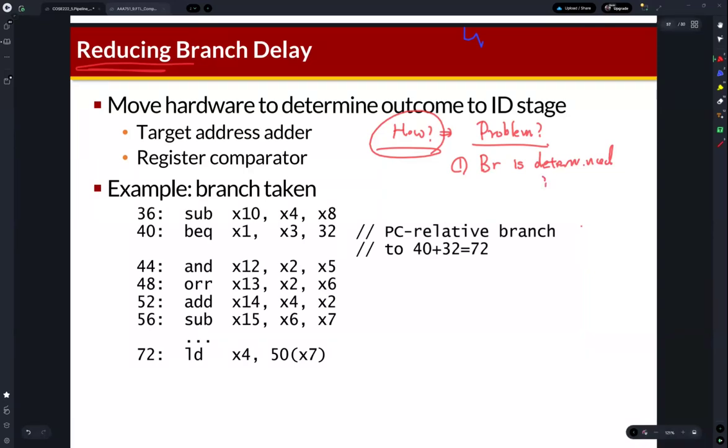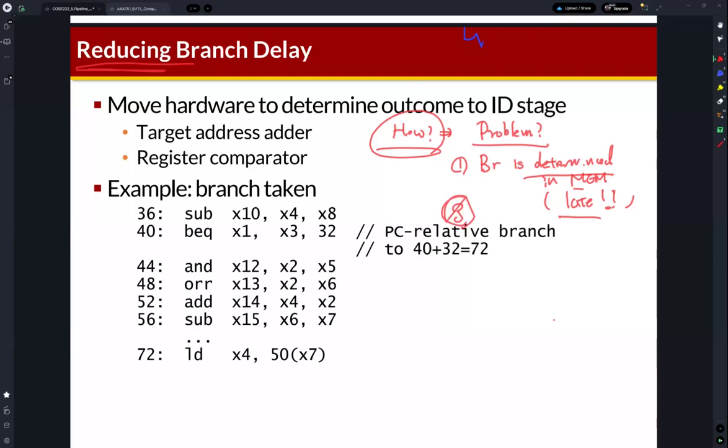The problem is that the branch is determined late. Because the branch is determined in the memory stage, when the branch is taken, we waste three cycles.